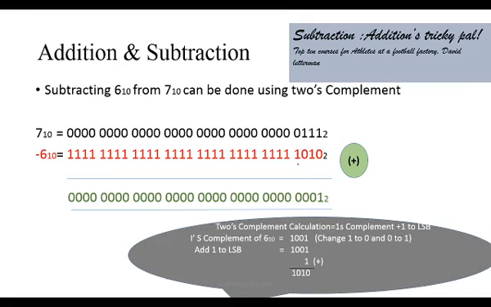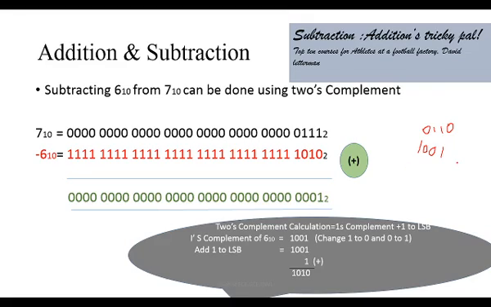So the 1's complement of 6 to the base 10 is 1, 0, 0, 1, which means that 6 in binary form is 0, 1, 1, 0. So I have toggled all the zeros to ones and all the ones to zeros for the 1's complement.